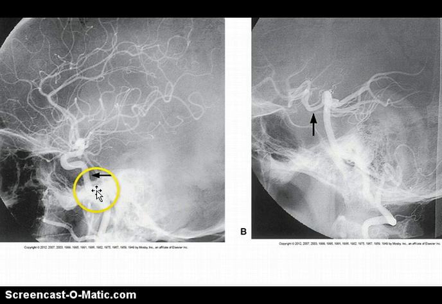Here is the internal carotid artery, and it has the carotid siphon here, and here is your vertebral artery, and here's the basilar, and from the basilar the vasculature tends to go back towards the posterior. Your internal carotid artery is considered your anterior circulation, and your vertebral arteries are considered your posterior circulation.